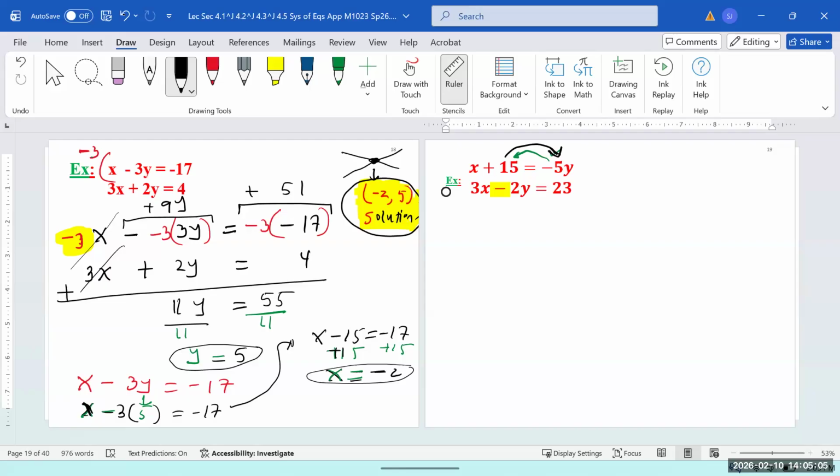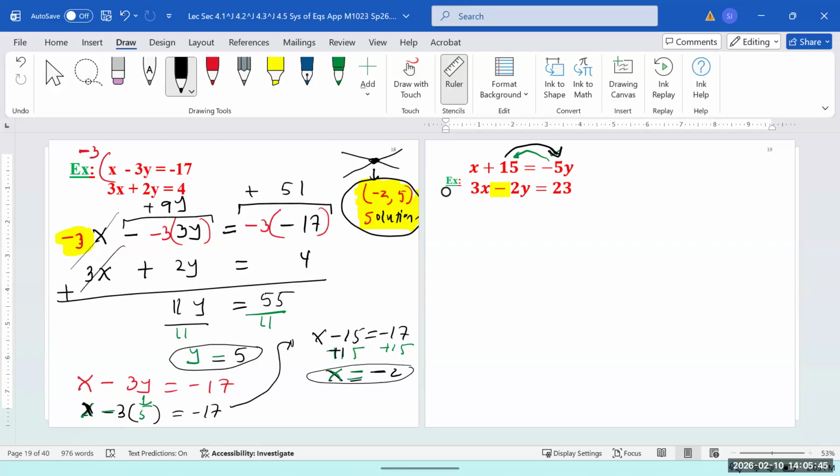And add 5y. So we have x plus 5y. This is negative 15.